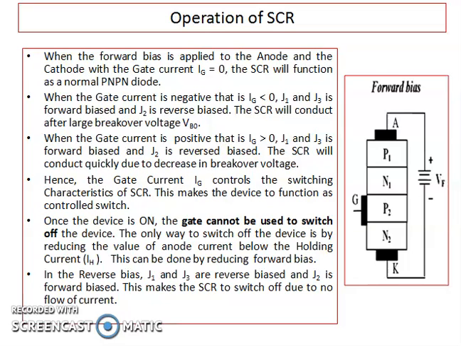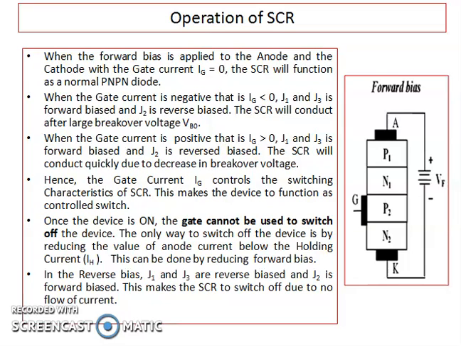That is, once the device comes to an on state, the gate has no control over switching it on or off. Even if you reduce the gate current to 0, you find that it will not come to an off state.